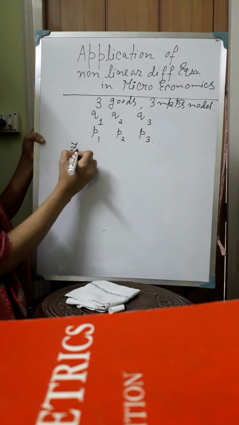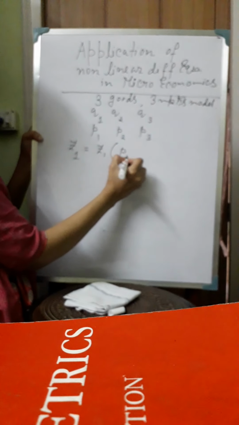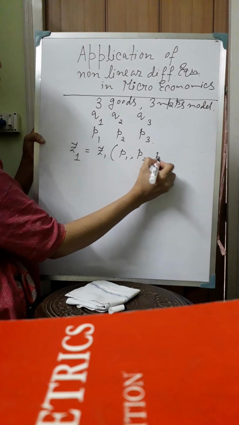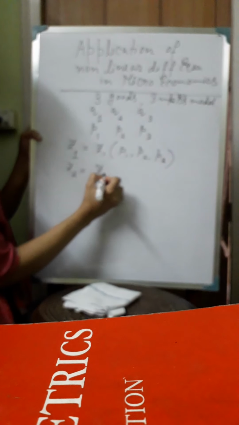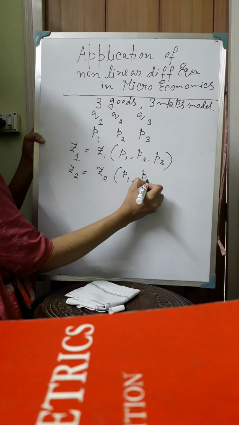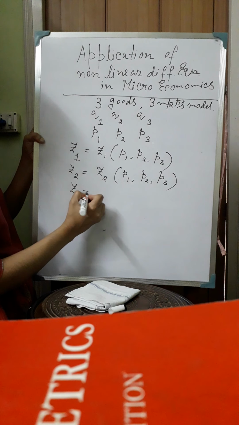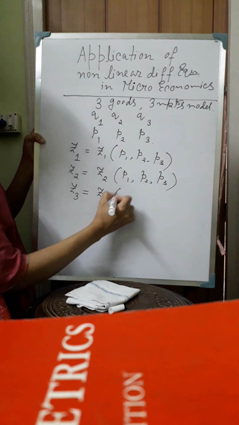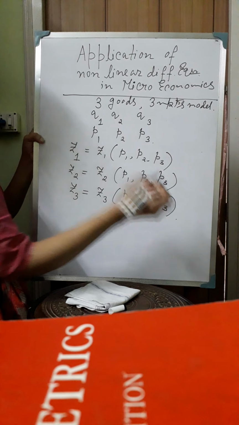The demand for good 1, Z1, is a function of P1, P2, P3. Z2, the demand for market 2, is a function of P1, P2, P3. And the demand for commodity 3, Z3, is a function of P1, P2 and P3.